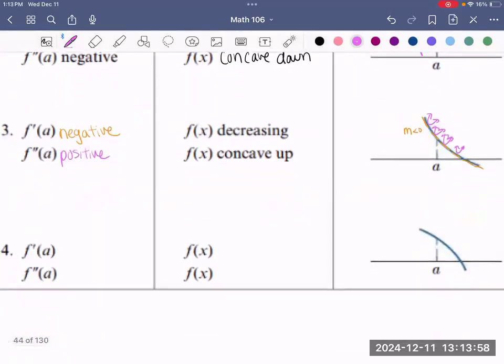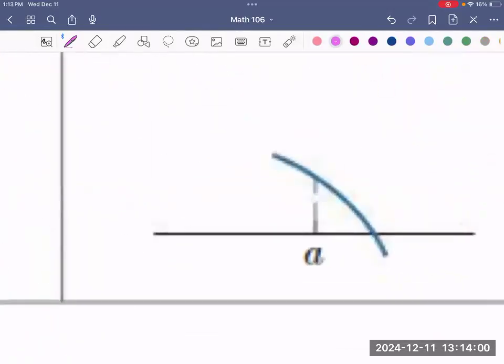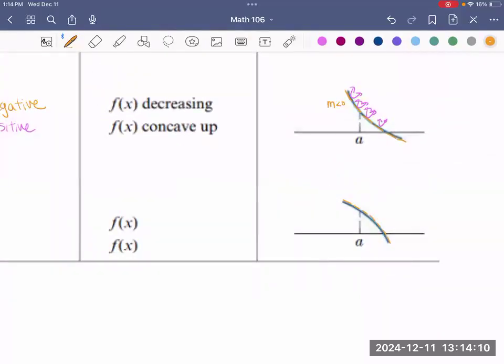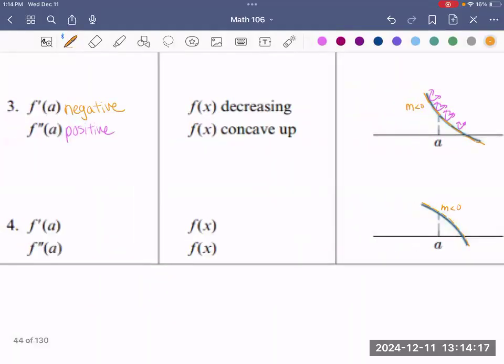And if we were to do it again, based on this picture, drawing those little tangent lines, these are all negative. Therefore, our function is going to decrease. And we can see that decreasing function here.